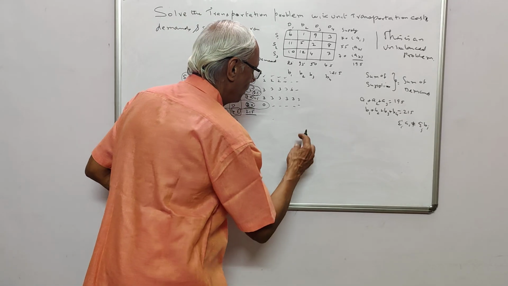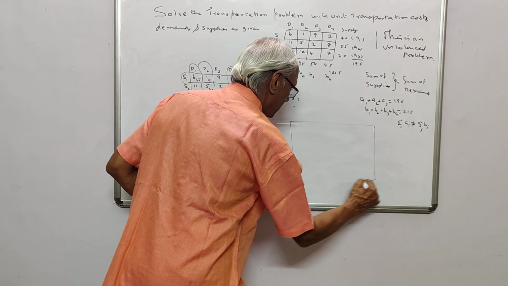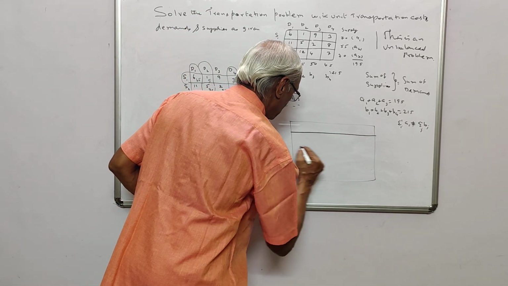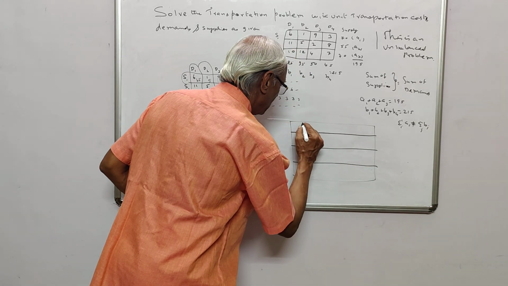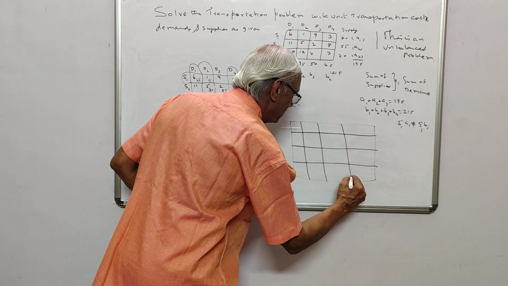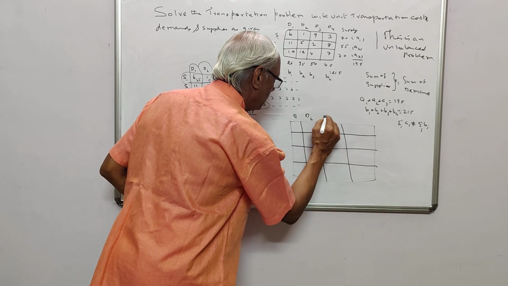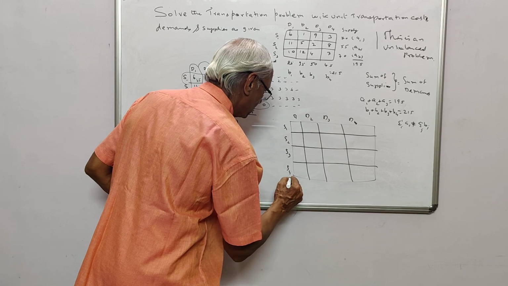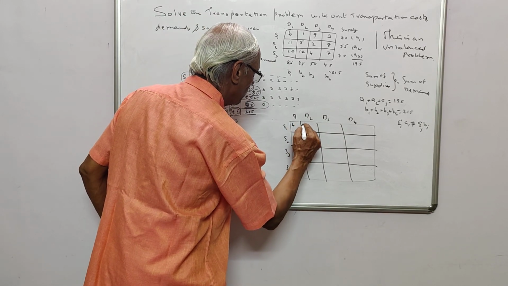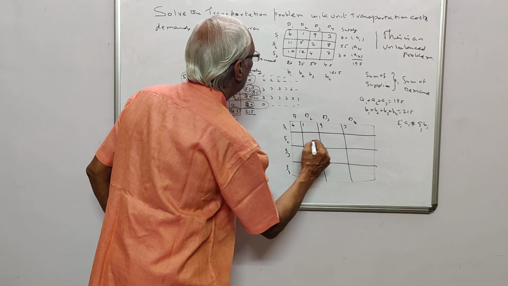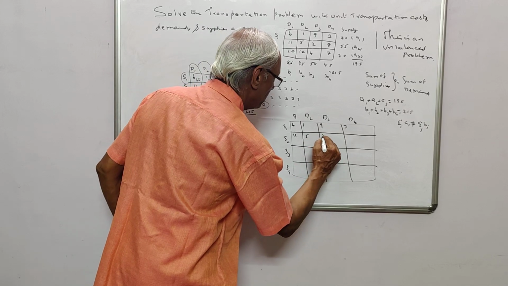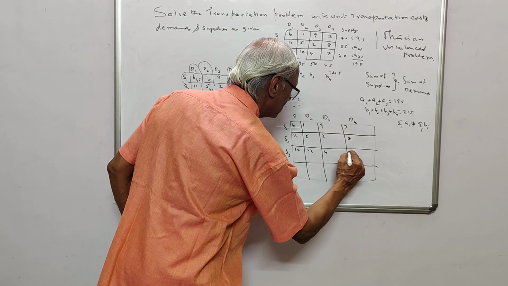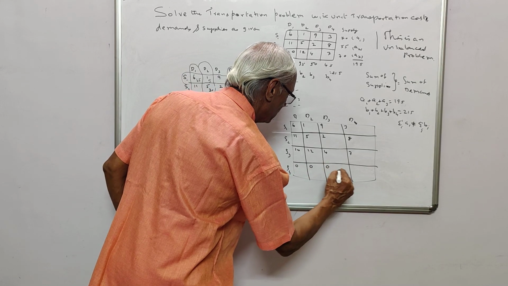See, for example, so this is what I have done. Now after completing this, what you have to do is rewrite this. So I'll write here, Vogel's approximation method. S1, S2, S3, S4 and D1, D2, D3, D4, and the costs are 6, 1, 9, 3, 11, 5, 2, 8, 10, 12, 4, 7, 0, 0, 0, 0.